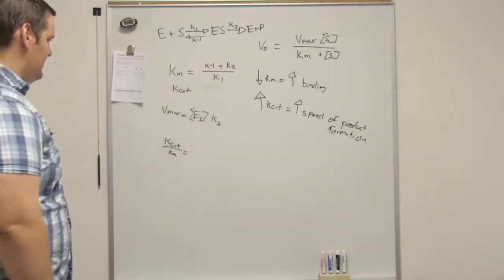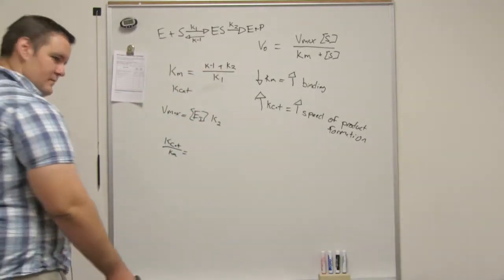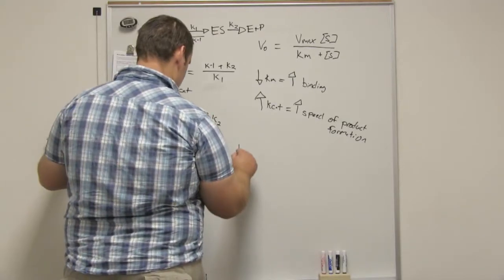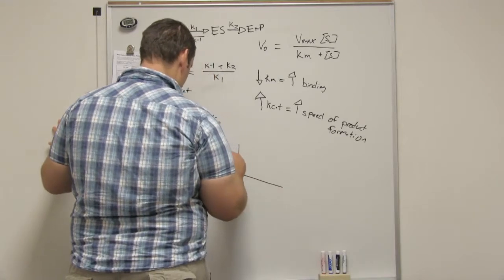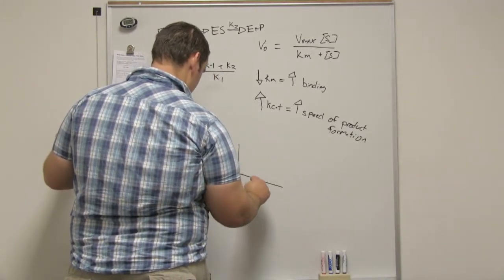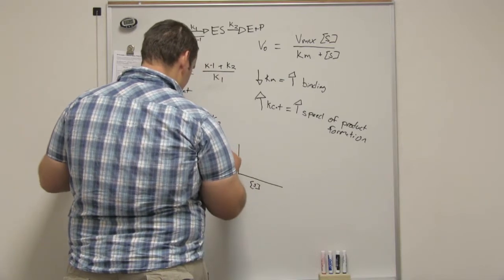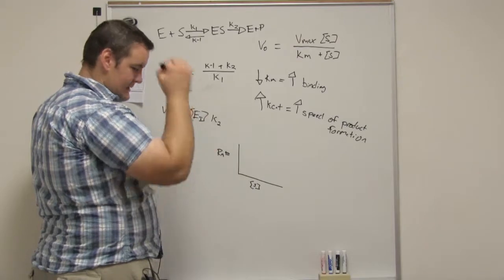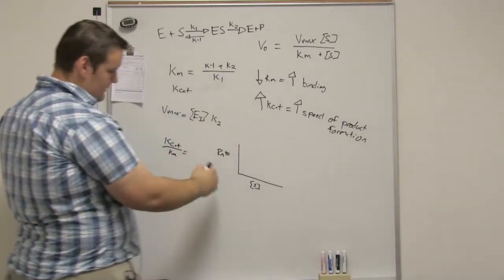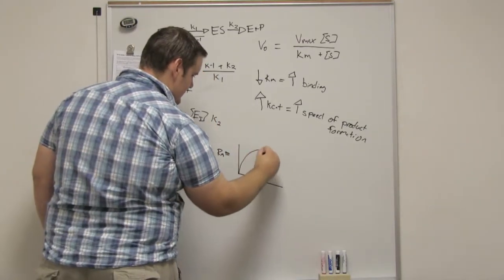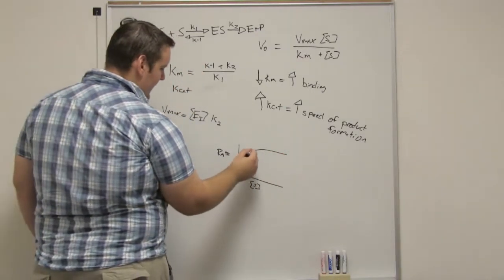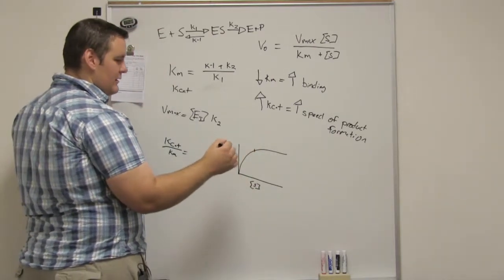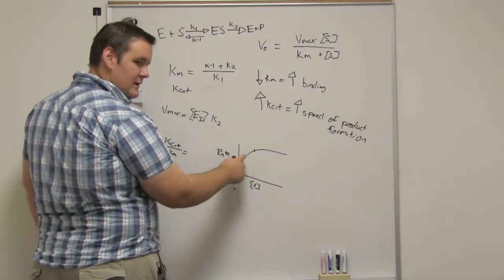So could Vmax kind of be a representation of the ratio? It's not exact, but Vmax is how fast you're getting product. Vmax is when you plateau. Your Kcat is really how quickly you're getting product.